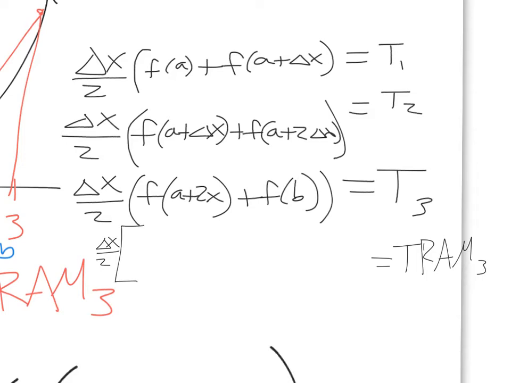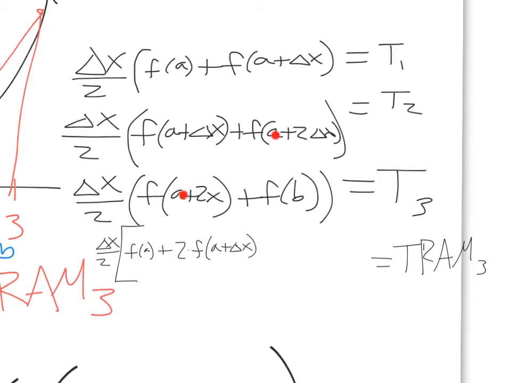And if we were to just add all of these, we could add everything inside these parentheses because they already have the same kind of coefficient, if you will. And so you have one f of a, so let's just put f of a. But for the next term, there's two of these. So that's 2 times f of a plus delta x.